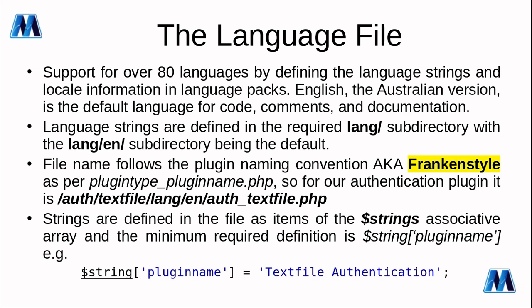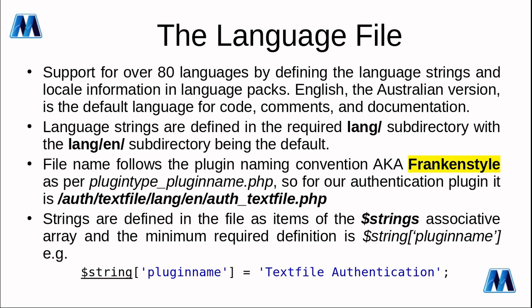The file name is basically your plugin's Frankenstein name .php. So for the authentication plugin that we are going to develop, our language file will live in lang/en/auth_textfile.php.